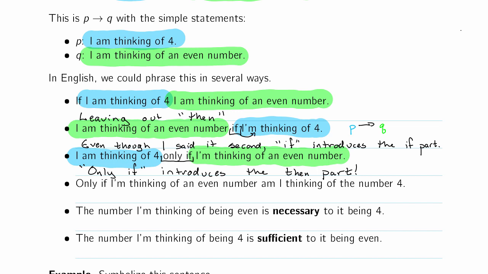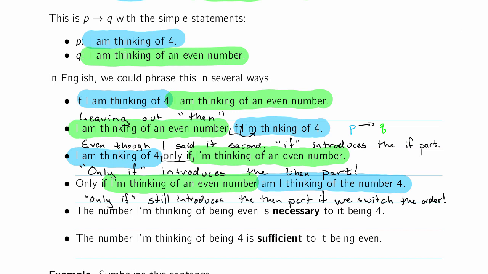Speaking of changing the ordering around, though, we could also say, only if I'm thinking of an even number am I thinking of the number 4. We need to mess around with the verbs to make that make sense in English too. So only if introduces the then part, it still does that if we switch the order.